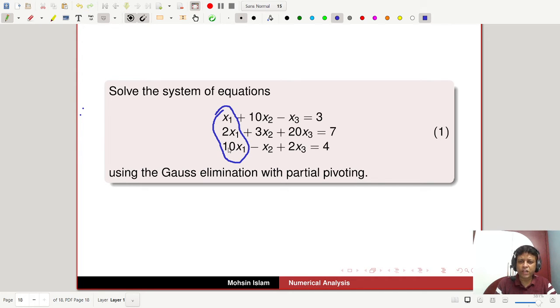Out of the coefficients of x1, 10 is the largest in magnitude, right? So you have to bring the third row to the position of the first row. So you have to interchange the first and third.